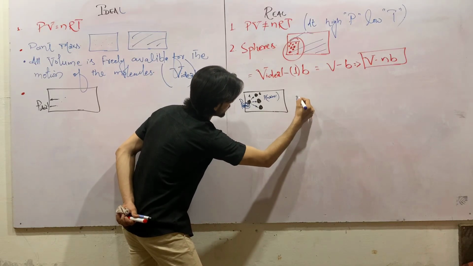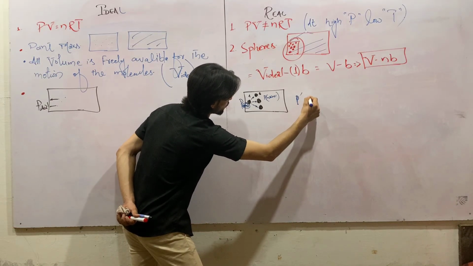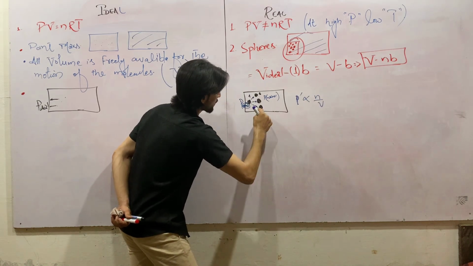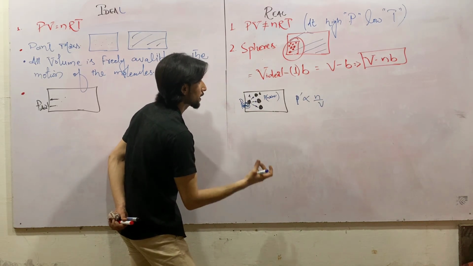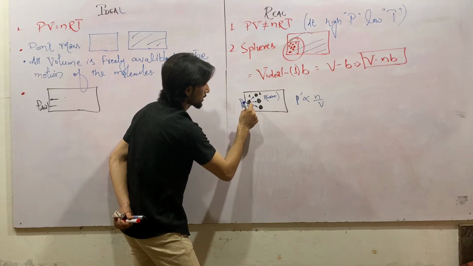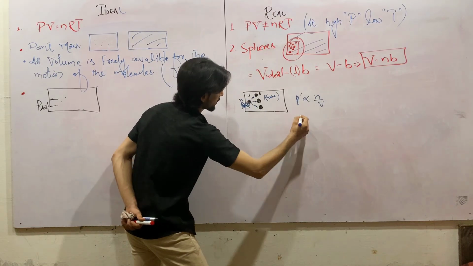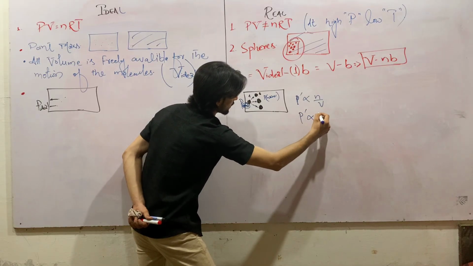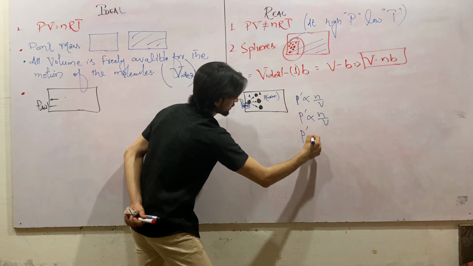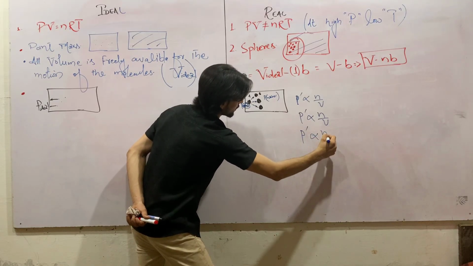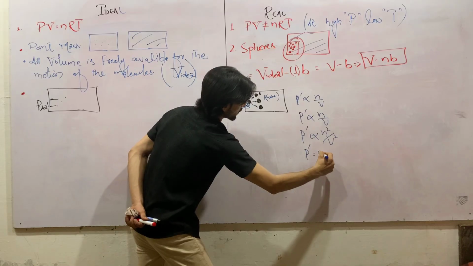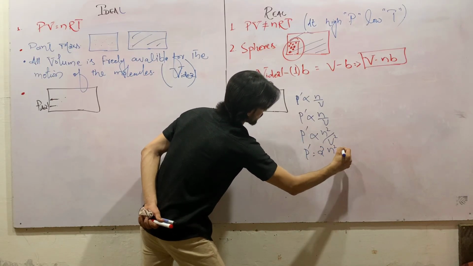So this P internal, suppose this P dash, was directly proportional to the concentration of these molecules. And another thing I found was it was also directly proportional to the concentration of the molecules near the wall of the container. So P internal is directly proportional to concentration. Combining these two, I got concentration squared, n squared over V squared. And to put a constant and remove the proportionality, I put a n squared over V squared.